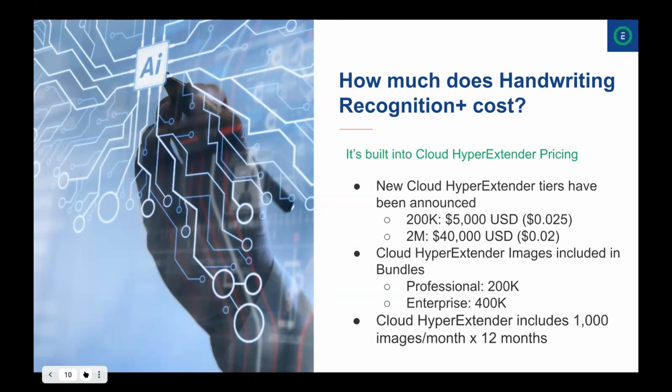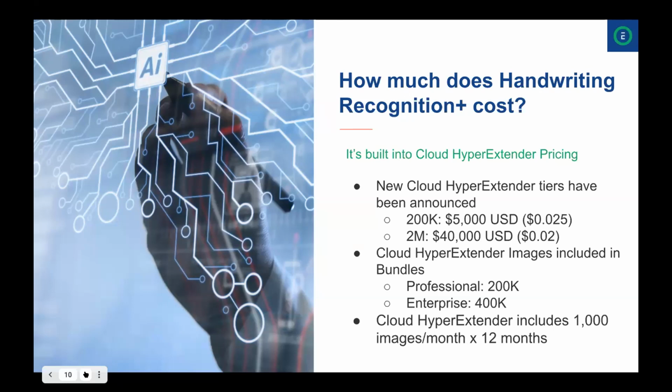So if you've already got a package, it makes a lot of business sense for you to check this out, try this on some of your documents and see if it's going to work for you. Now, the product team has thought about what if you don't have a package? What if you've never really thought about trying handwriting extraction, but this is interesting and you may want to try it? Well, I'm glad you're thinking that.